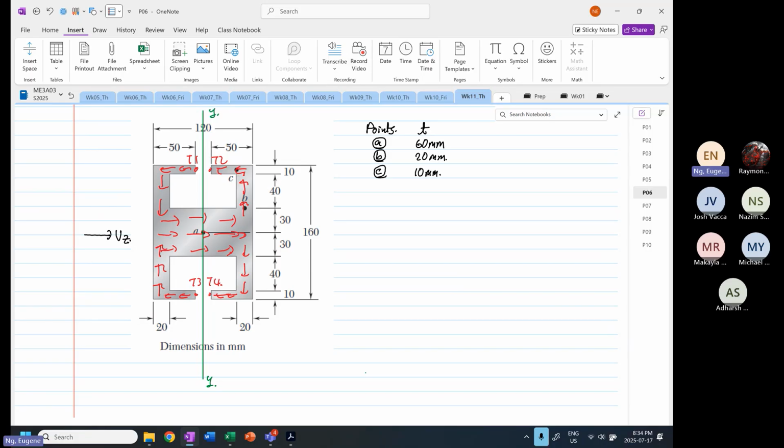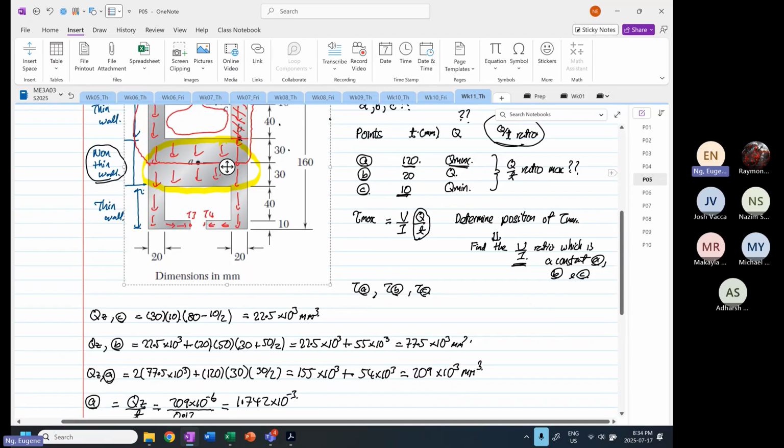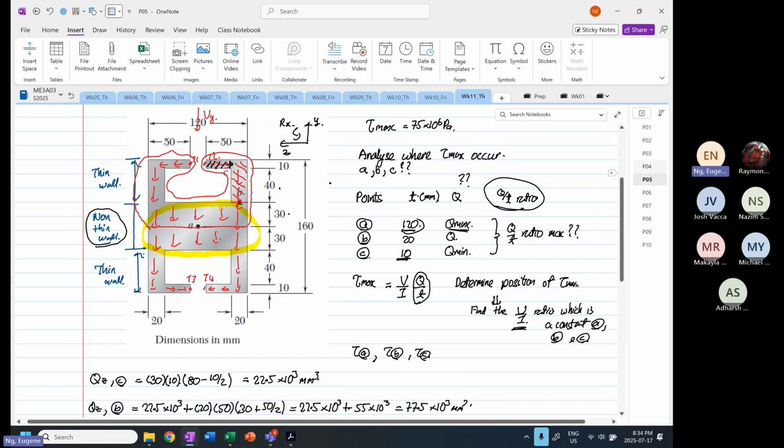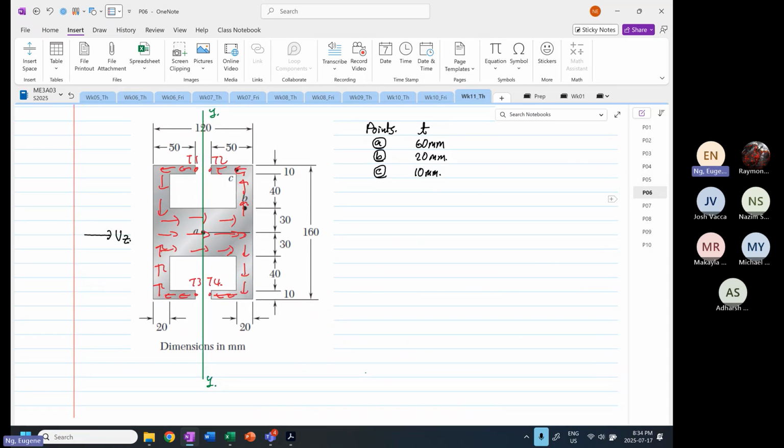So if you look at what we had before, right? Point B and C, the thickness is the same, but point A from 120 dropped to what? Dropped to 60. Okay. What this will do, you cannot guess. We are engineers. We have to have numerical values. You cannot say, okay, point B is still no. You can't just guess like that. Okay.